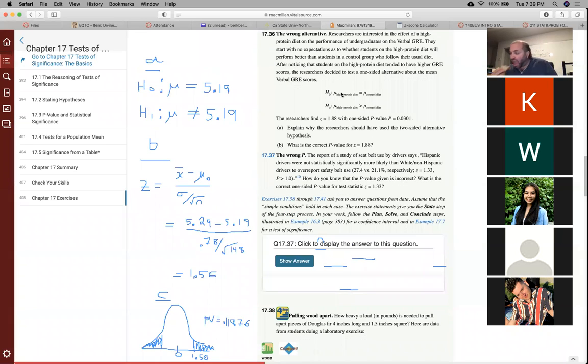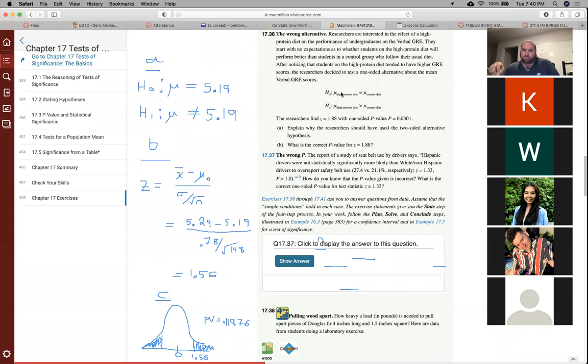Let's do 37. So, how do you know that the p-value given is incorrect?